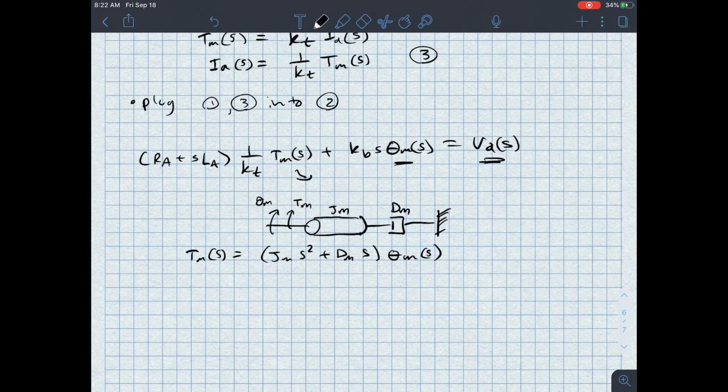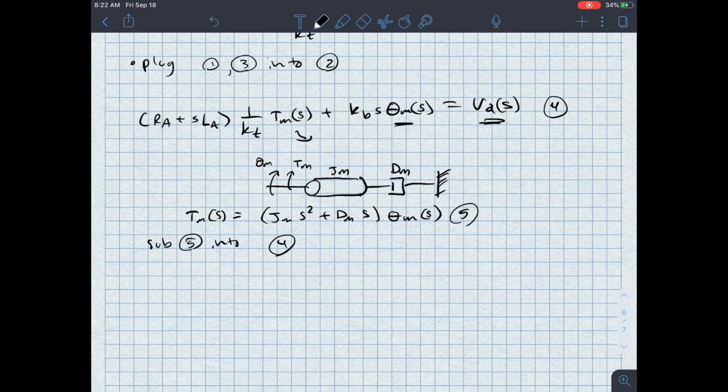Let's call this equation number 5, the previous equation number 4, and then I want to sub 5 into 4. When I substitute 5 into 4, here's what it will look like.